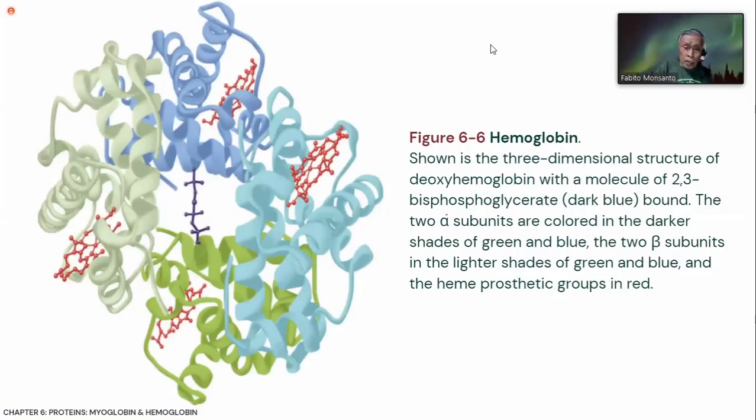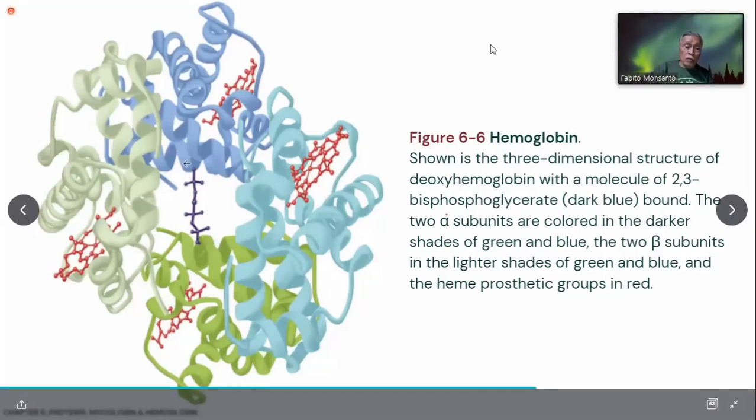Where are the 4 globin subunits? Okay, they have different colors. This one is darker blue. That is one subunit. And this one here is blue, another subunit. And then one here is green, and then one here is lighter green, some sort of a gray color.